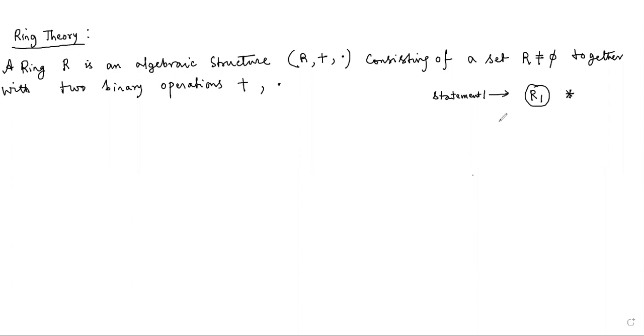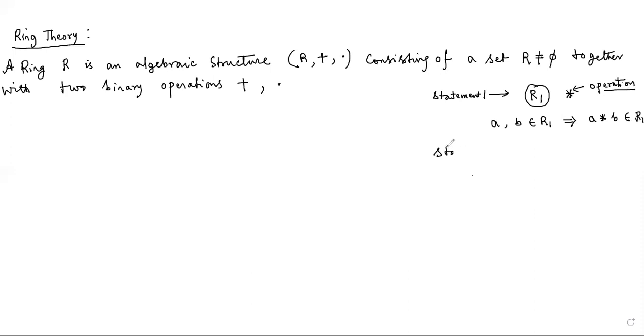Then if he wants to prove that this R1 with respect to star is a group or semi-group or any other structure, then first of all, he has to show that if he takes two elements a and b from R1, then their composition a star b also belongs to R1. Why? Because the student is declaring that this star is just an operation.